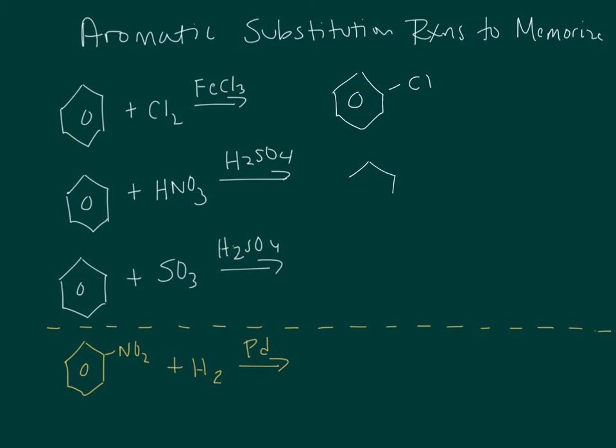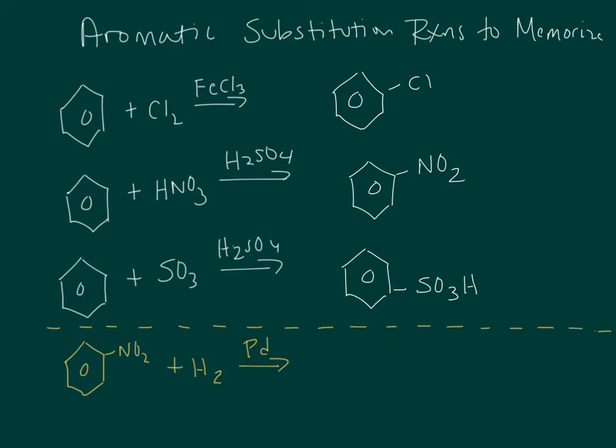In nitration, the combination of nitric acid and sulfuric acid adds a nitro group to the ring. And finally, the combination of sulfur trioxide and sulfuric acid creates a compound called benzene sulfonic acid, and it adds an SO3H group onto the ring.